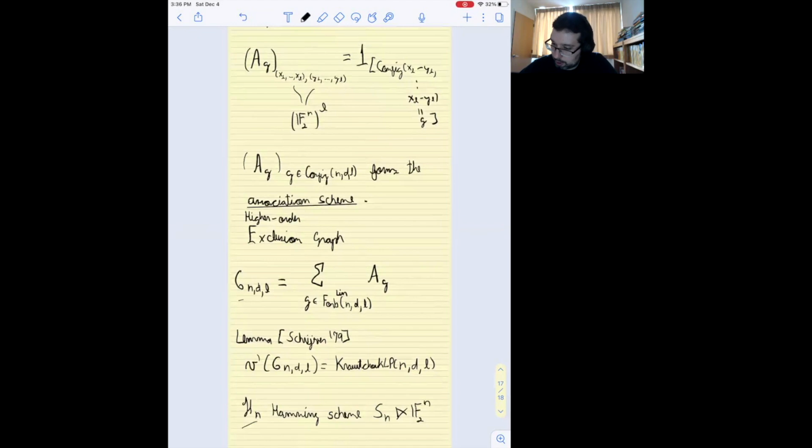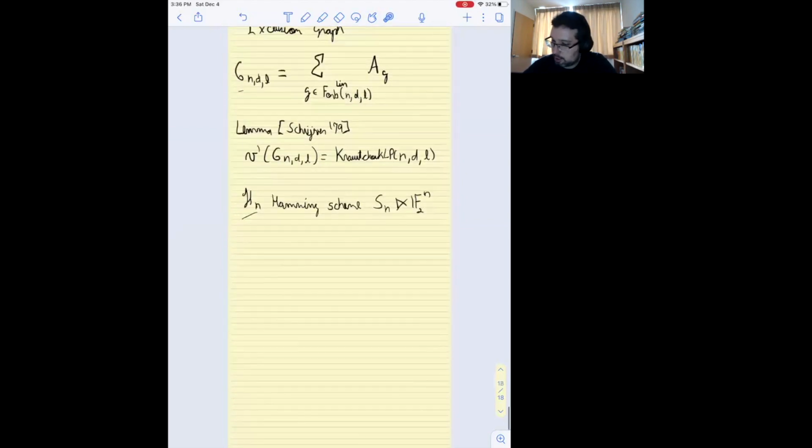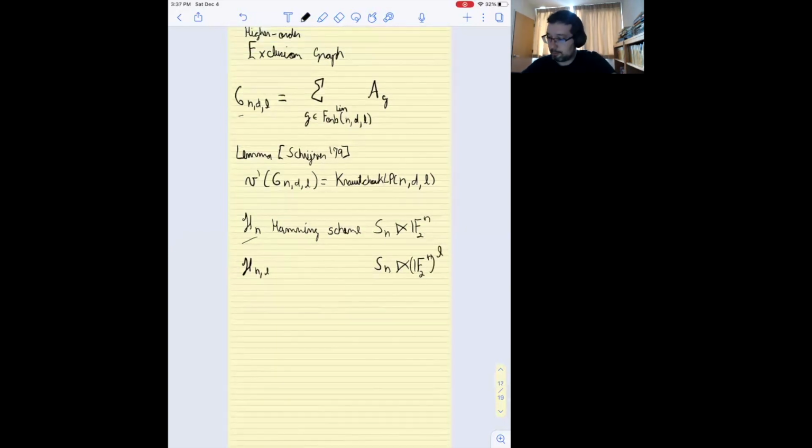Let's give a name to this scheme: H_{N,L}, the scheme spanned by those matrices. In this new higher order scheme, the symmetry group is going to be slightly larger. We still have the action of S_n, but then we can apply L different copies, L different translations. So we can translate the tuples independently. So it's a bit of a larger group.